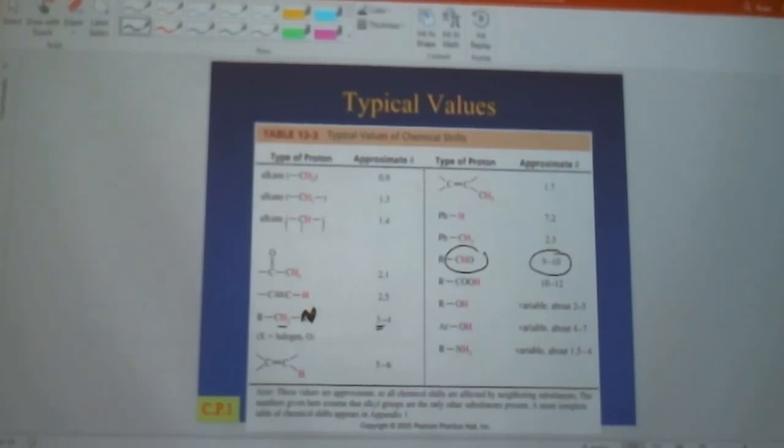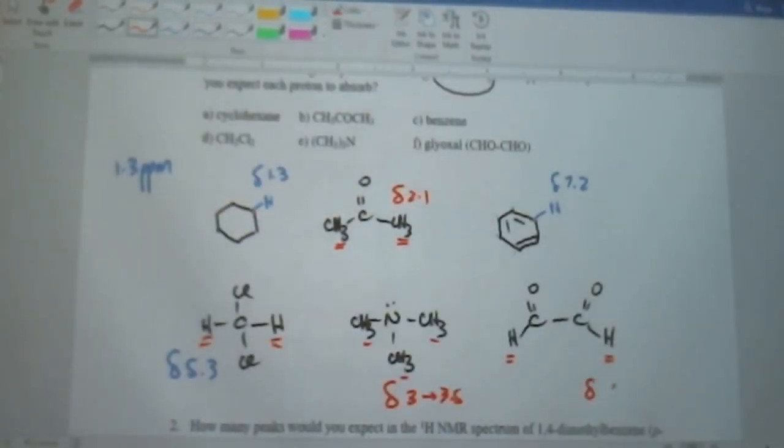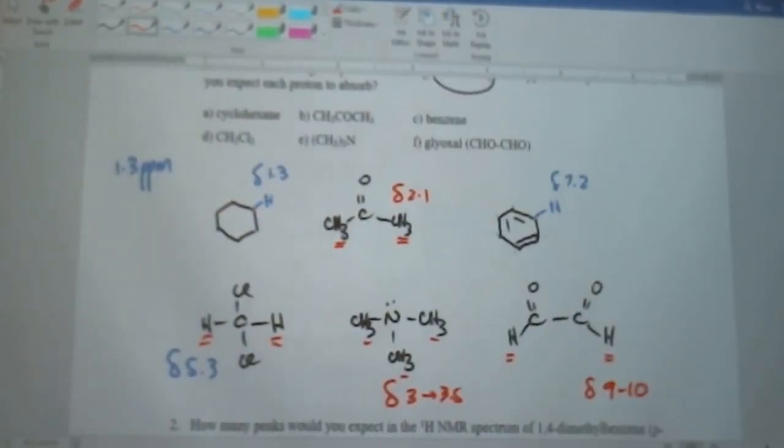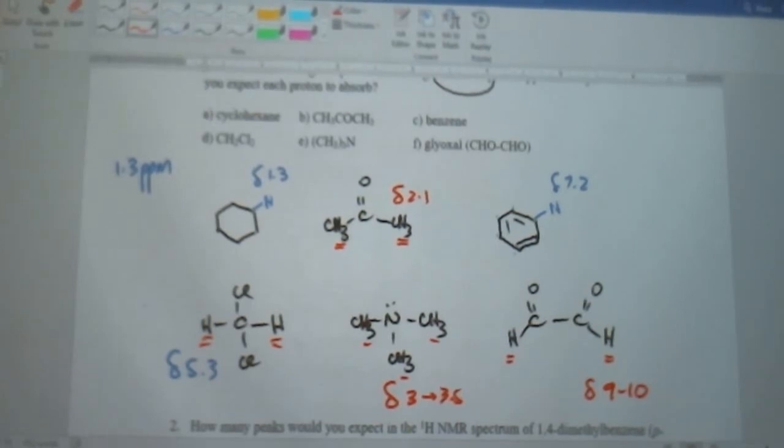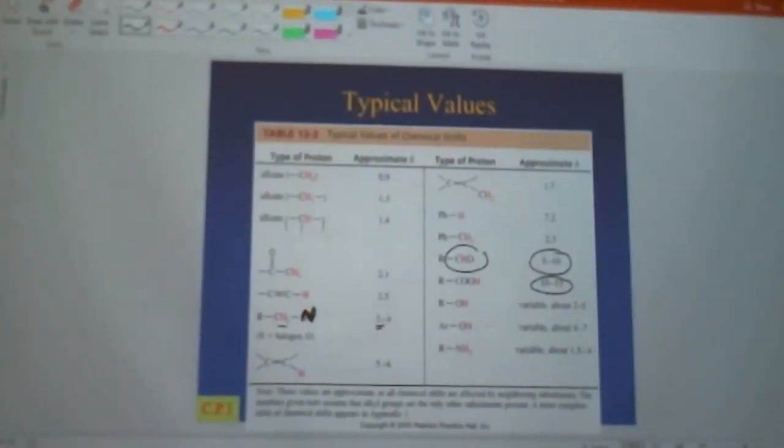Nothing else shows there, the same as nothing else shows between 10 and 12 except the hydrogen in a carboxylic acid. If you can start learning some of these, it's going to make interpreting spectra a lot simpler. You will have this table, but it really pays off to start learning some of these.